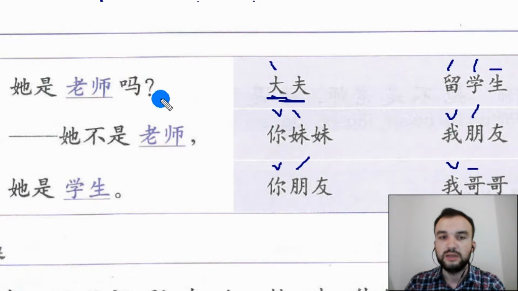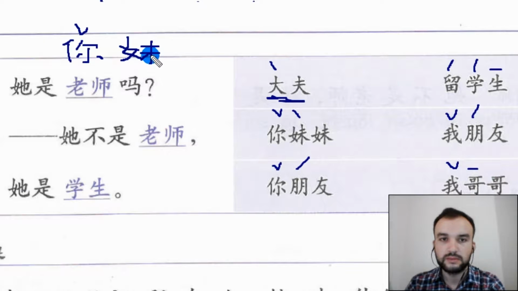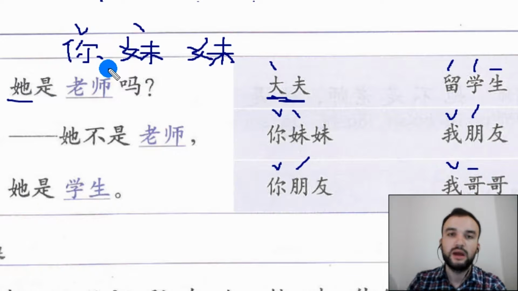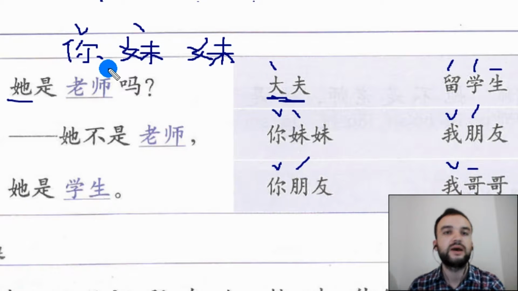And 她是你妹妹吗? 她不是我妹妹. We should change this 你 to 我, because she is asking me, is she your sister? I should answer that she's not my sister.